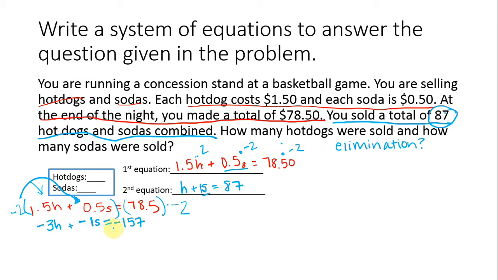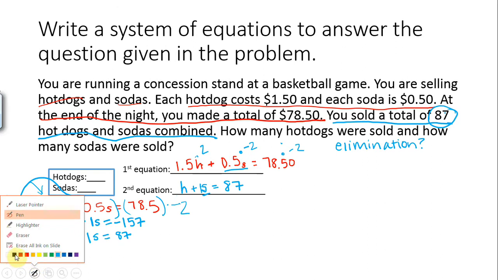So now what I'm going to do is take my red equation and write it underneath. My blue equation, this one, I write underneath. And now I'll just add up my equations.